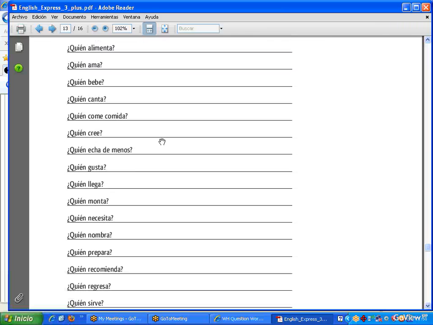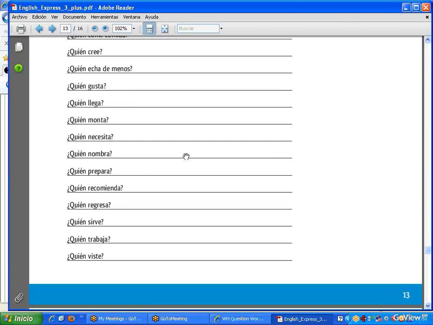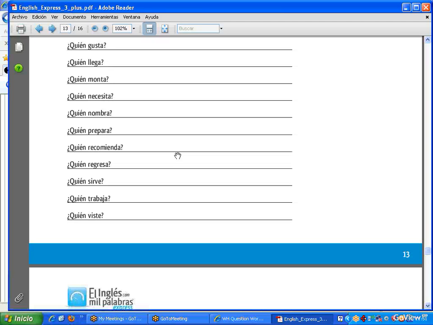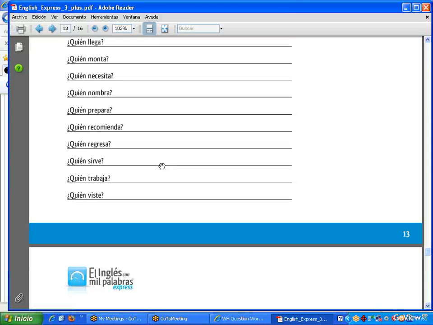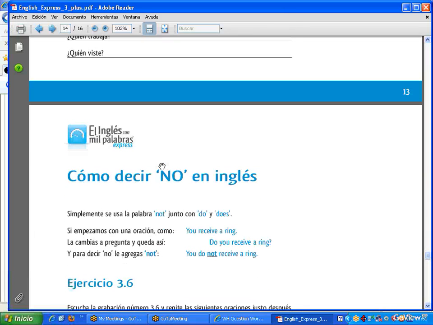Okay, how to say no in English. We simply use the word not together with the auxiliary verb do and does. So here's an example.